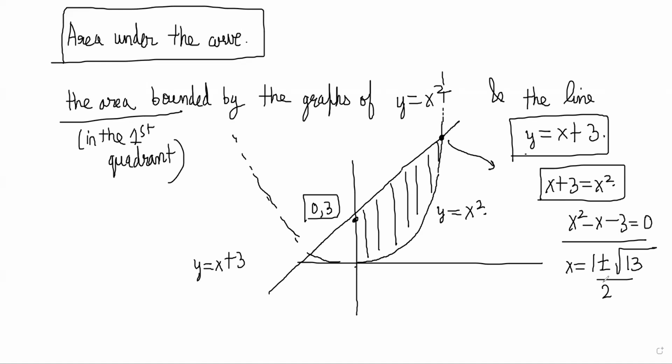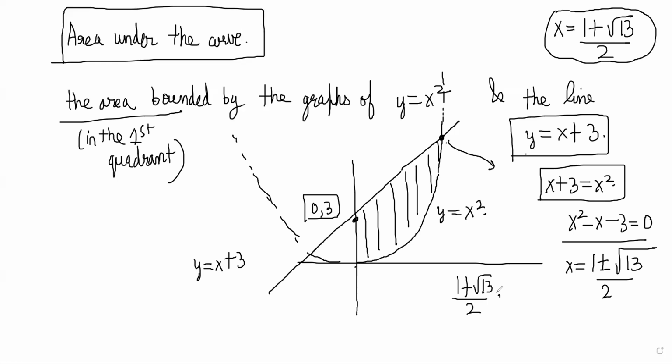We will not take the negative sign; the positive sign is the value that we care about right now. So this point has x = (1 + root 13)/2, and that plus 3 is the y, which is (7 + root 13)/2. That is this point. And this point is (0, 3).